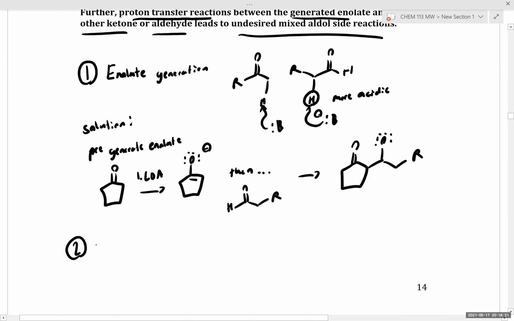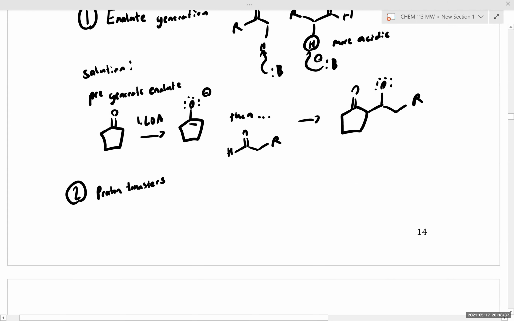The second issue is the issue of proton transfers. So suppose you have the following ketone, you make this enolate. This ketone has a pKa of around 22. So you make your enolate and you think everything is going to be fine.